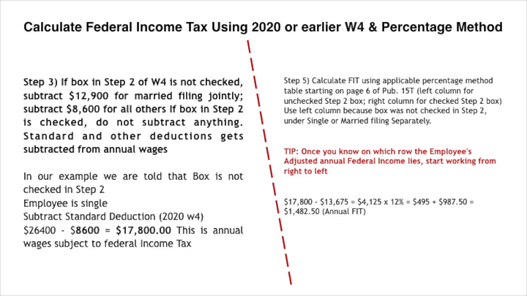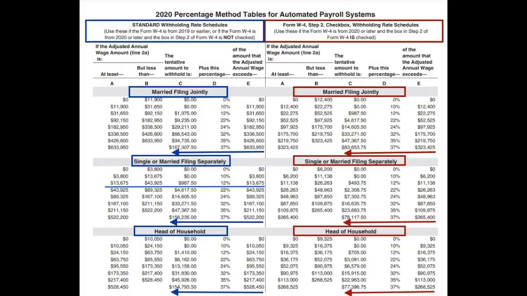Use the left column because the box was not checked in step 2 in our example. And also make sure that you are under the single or married filing separately section. Once you know on which row the employee's adjusted annual income is, then you are ready to calculate the federal income tax. And here is the table that we are going to use.